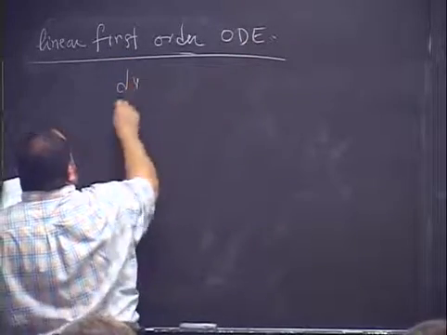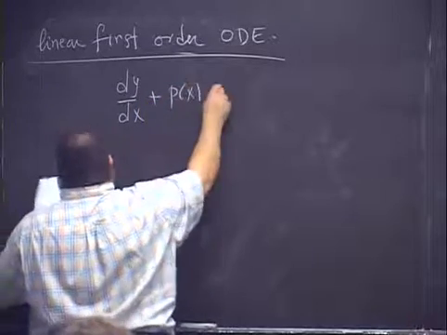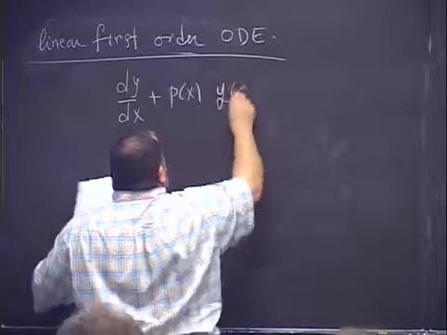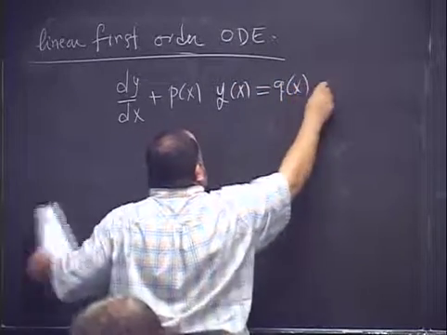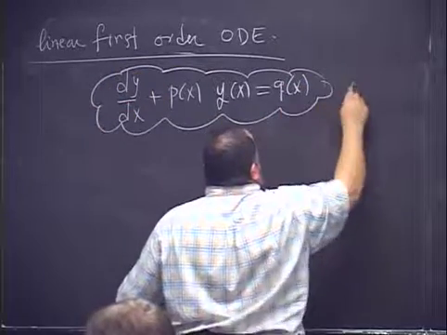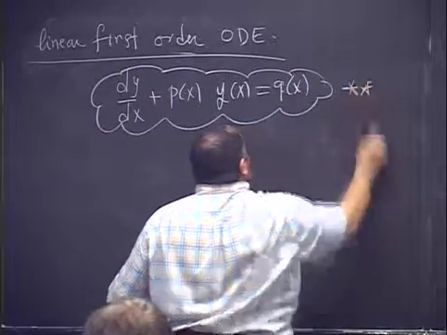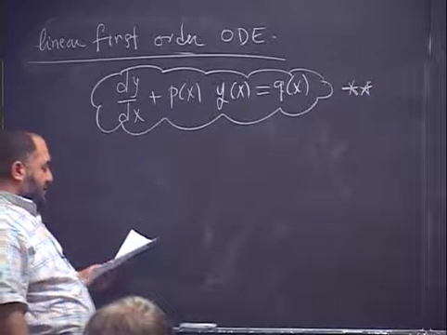So this is dy by dx plus p of x multiplied by the same function y of x equal to q of x. So this is usually the form of the first order linear differential equation.